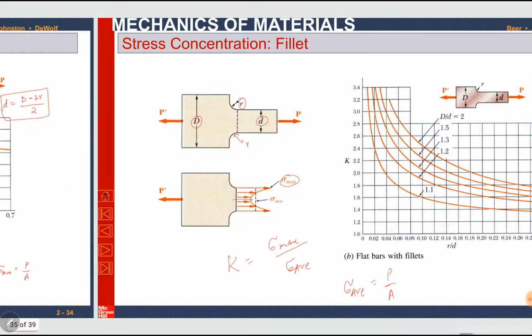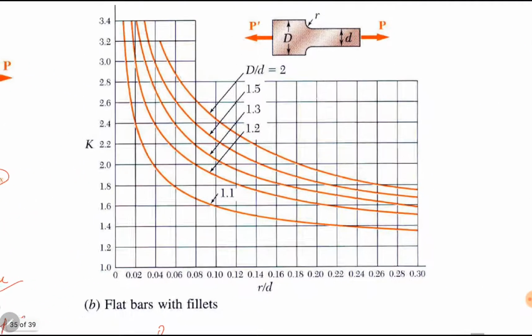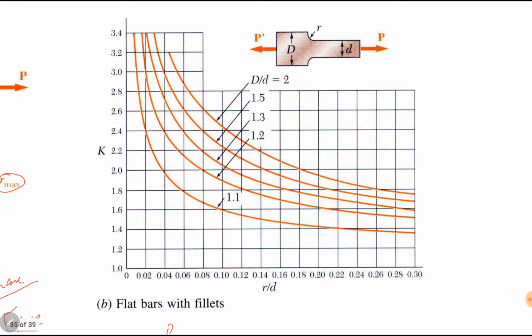Here we have a curve for this case. Small r is the radius of the fillet. Small d is the width of the smaller portion. Capital D over small d ratio is given. Capital D is the width of the bigger portion.